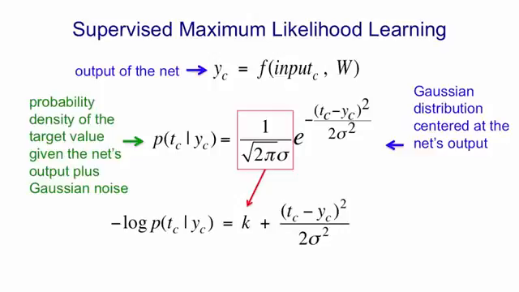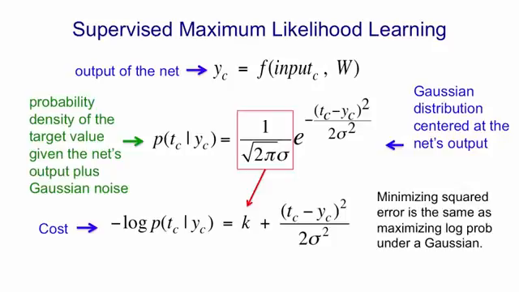And so what you see is that if our cost function is the negative log probability of getting the right answer, that turns into minimizing a squared distance. It's helpful to know that whenever you see a squared error being minimized, you can make a probabilistic interpretation of what's going on, and in that probabilistic interpretation, you'll be maximizing the log probability under a Gaussian.